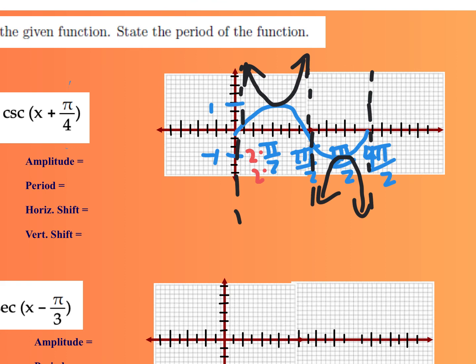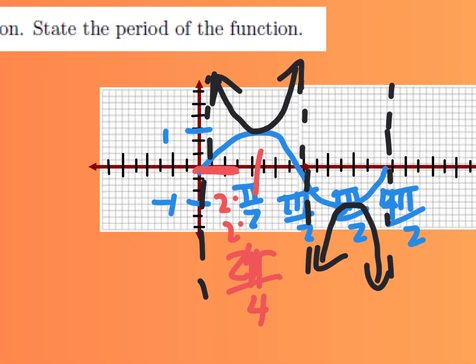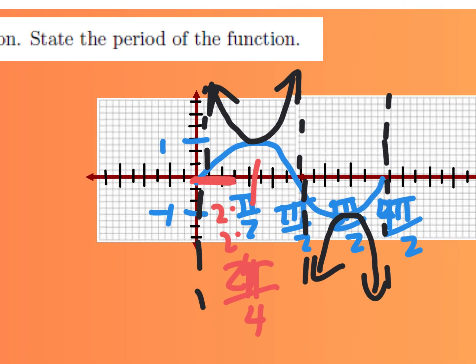Okay, so that's just helping me see how far that is. So basically, it's like half of one of my marks. My normal mark there is 2 pi over 4, which is like pi over 2, and I want half of that. I want 1 pi over 4. So I'm moving it over about this far, half of a mark. So then everything has to get moved over that far.